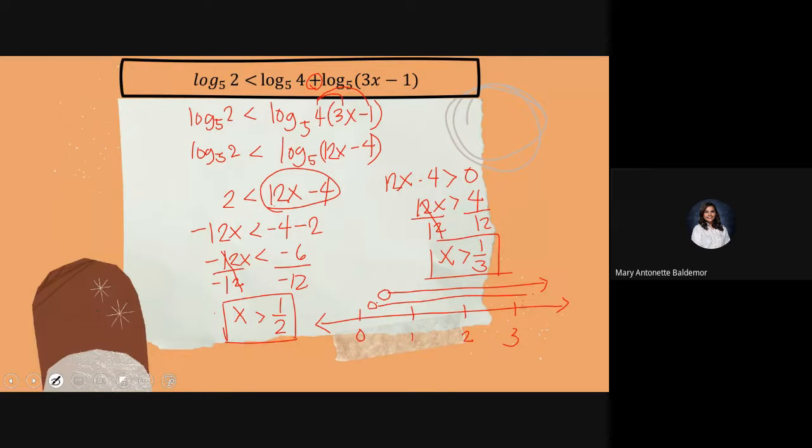Getting the intersection of these two, the gap is very small. So the solution set for this problem will be from 1/3 to 1/2, not included. This is how we solve a logarithmic inequality.